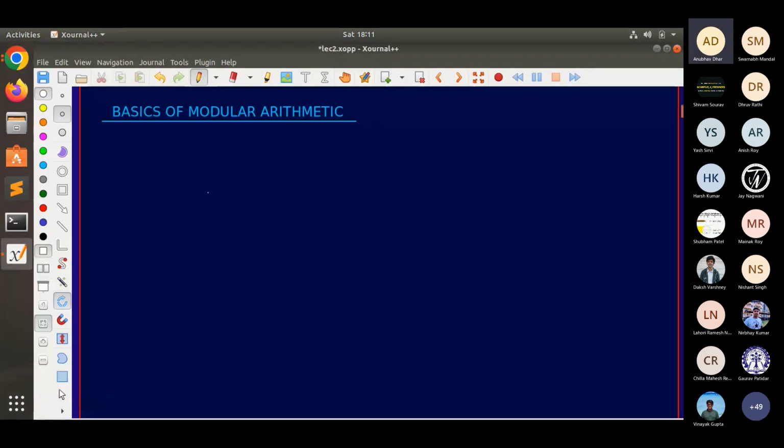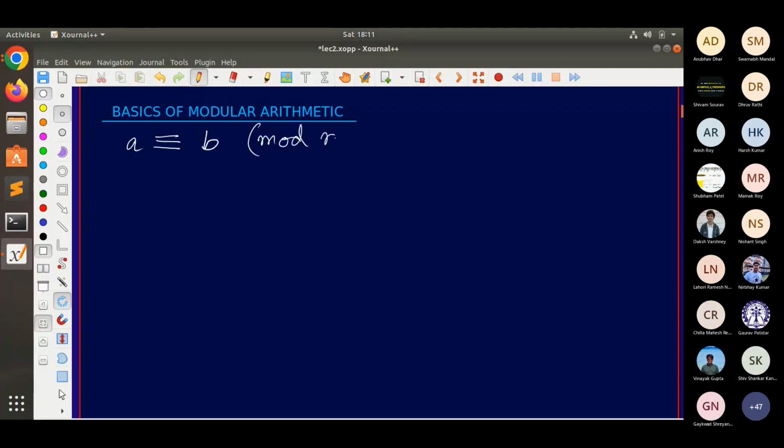Okay. So basically, in modular arithmetic, we define a notation like this. I'll read this out later on, so I'll just write it initially. So we write some fancy thing like this, okay? And this is read out as A is congruent to B mod n, or modulo n.